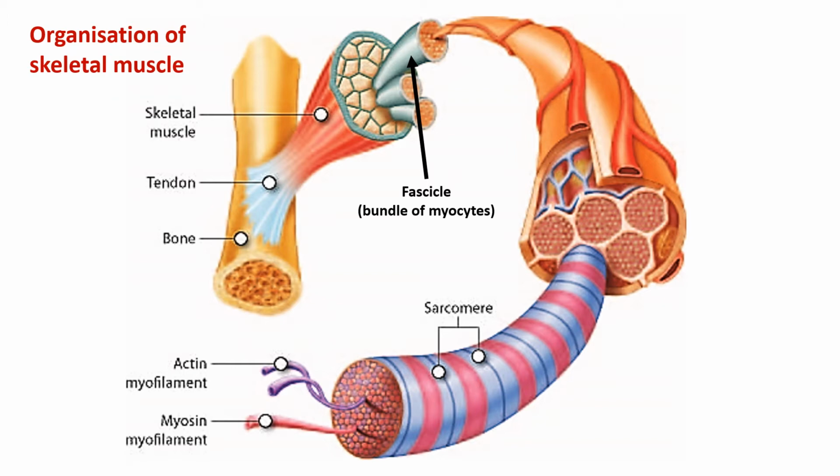Fascicle is just a bundle. We'll come across the term again in a different tissue. Within those fascicles, we have the single myocytes all bundled together. Around the myocytes are capillaries. We need a good supply of blood to myocytes.